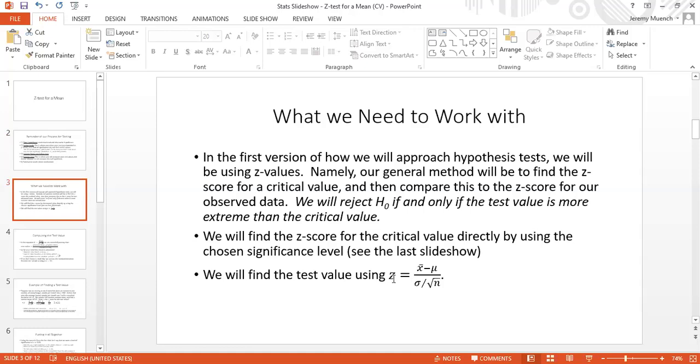And this is a reminder that the z-score for a computed value like a sample mean is going to be the sample mean minus whatever our presumed population mean is, whatever our baseline is, over the standard deviation divided by root n. And this standard deviation might take the form of a sample standard deviation instead of the population standard deviation. That's fine, because when we collect our sample, we're collecting it under the presumption that the null hypothesis is true.